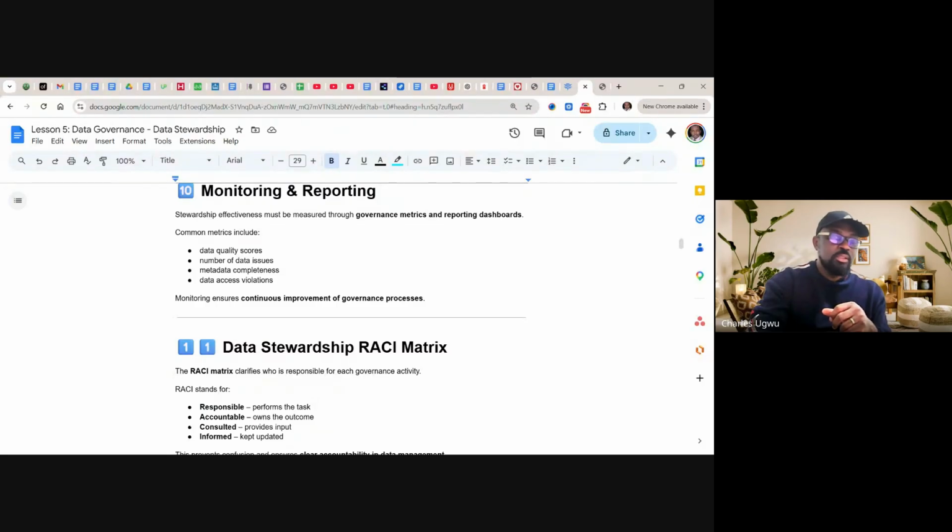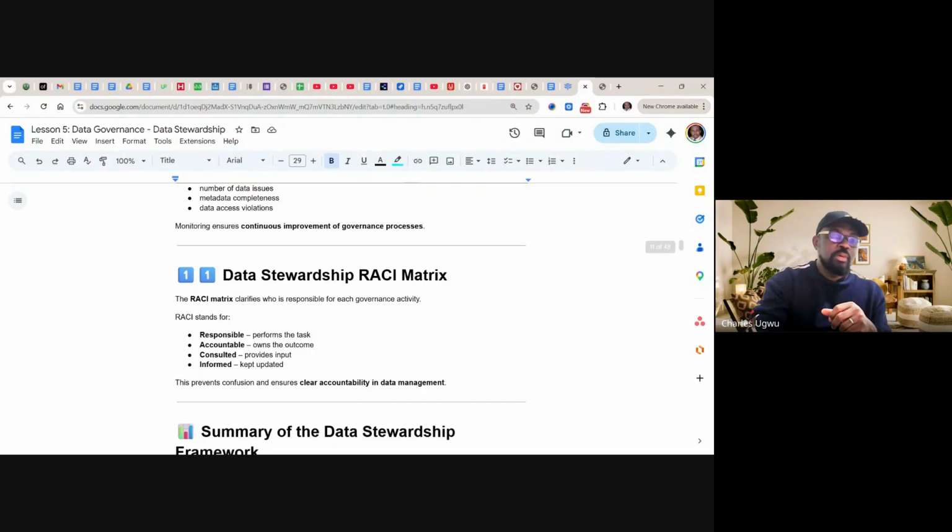And number 11, which is the last but not the least, is that there must be a data stewardship RACI matrix. How many of you here know what a RACI matrix is? We talk about RACI matrix all the time in our project management class, so it's equally applied here.